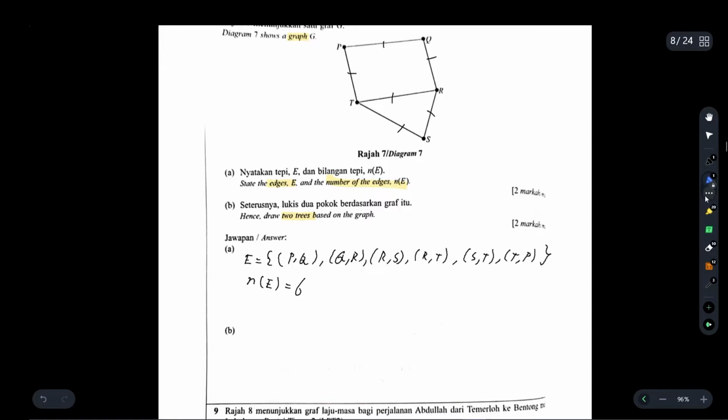So we need to understand what is the meaning of a tree. A tree is basically a graph that has only one road between the starting point and the ending point. Kind of confusing, right? What it means is that if I want to go from P to S, I have only one way to go.